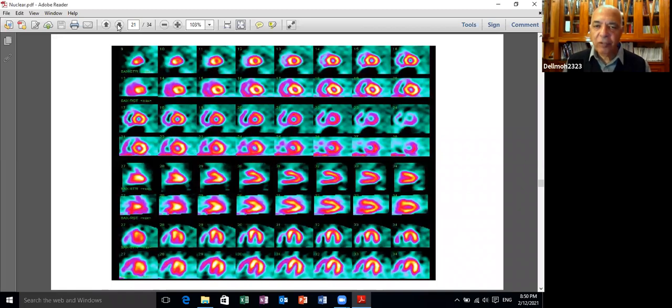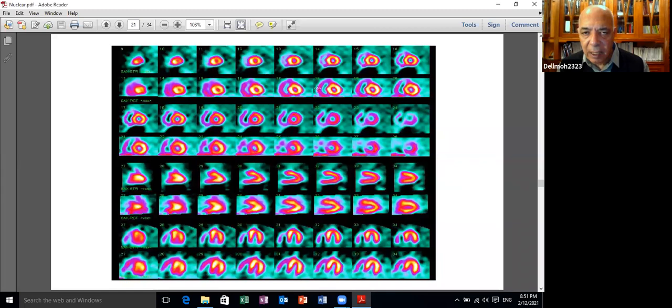So this is a perfusion scan. This is again short axis. And if you look into the short axis here, this is during rest, this is during exercise. And the same applies to the long axis, vertical and horizontal. So what do you see here? If you look here, number one, there might be inferior wall ischemia because during exercise, if you compare this with this, there is a slight difference.